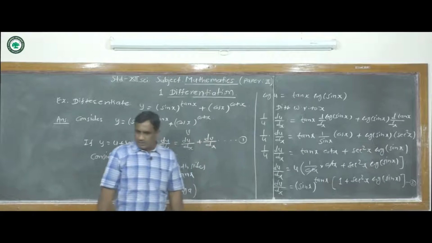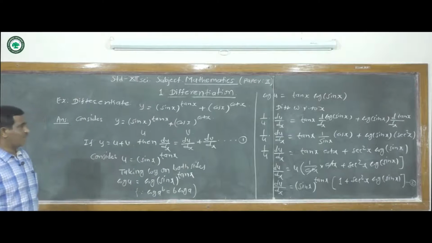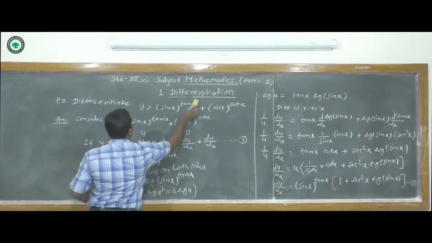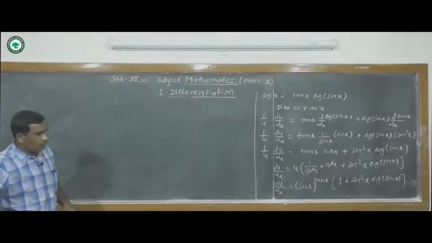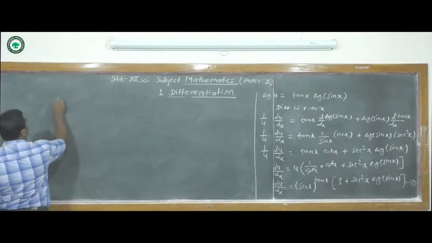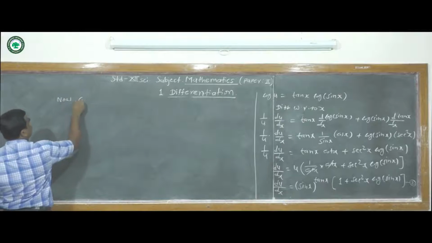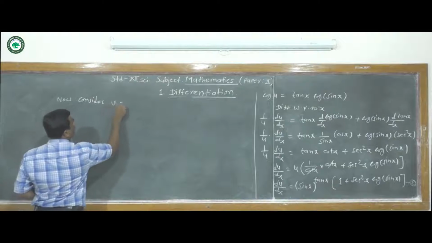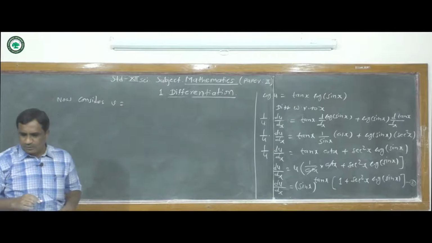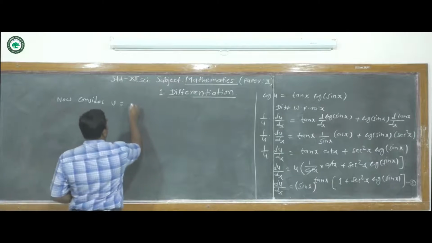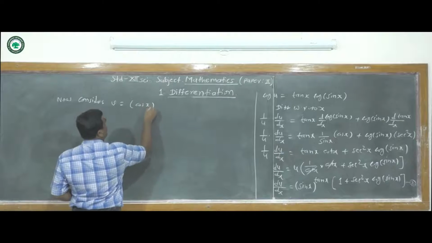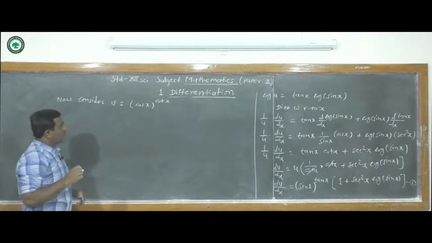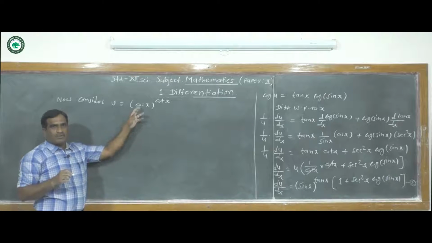Now consider the second term, that is v. v is equal to cos x raised to cot x. Here also, one function is the power of another function.